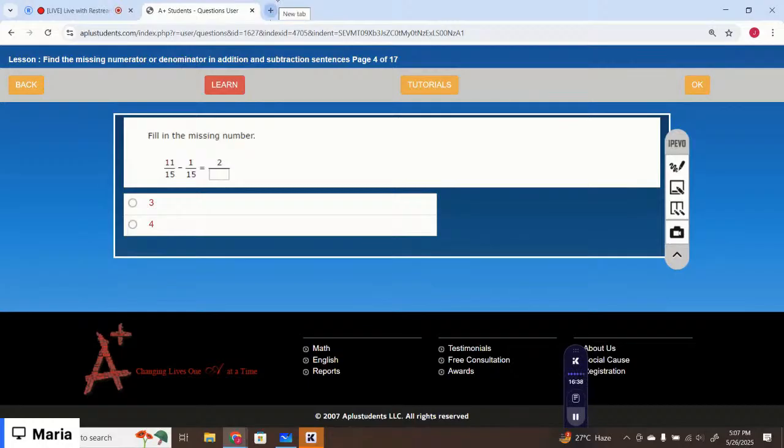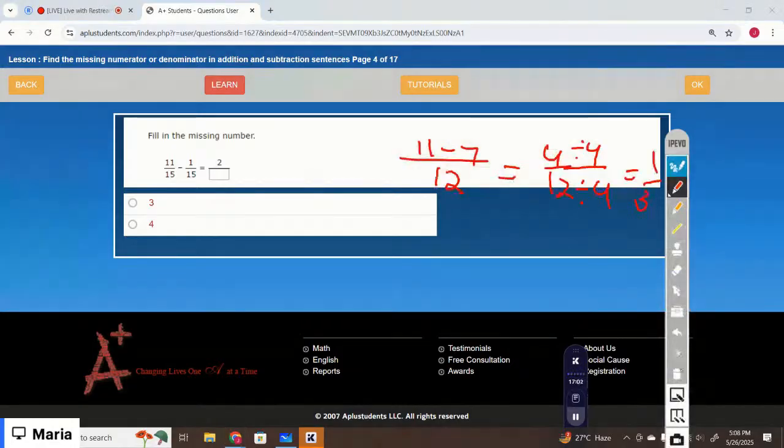Fill in the missing number: 11 over 15 minus 1 over 15. Which is the correct option? So 11 minus 1 is 10, that is 10 over 15.